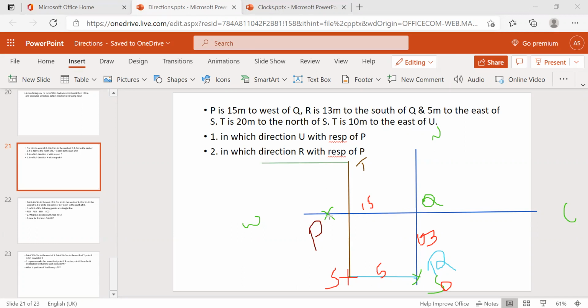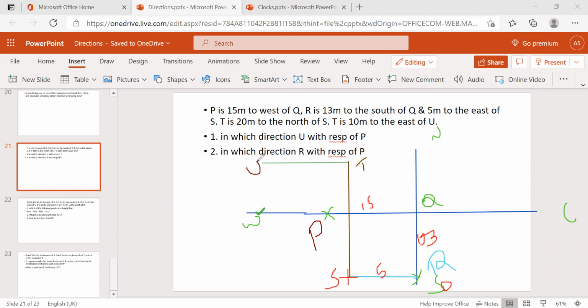See, this is total 15, right? So 15 means it is 5 and also 10. So P is not located here; we can move the P point. P will be here. Okay. U. This is U. Now, this is the diagram.